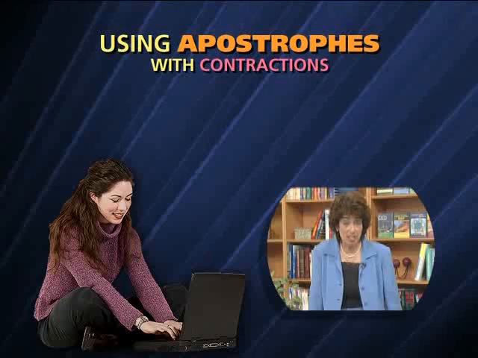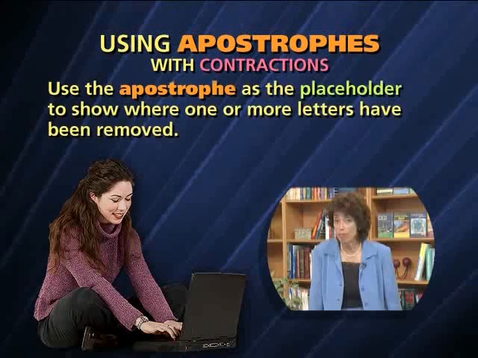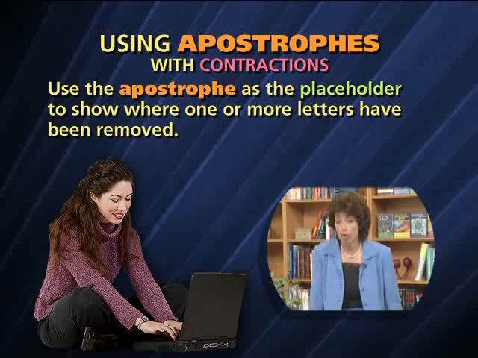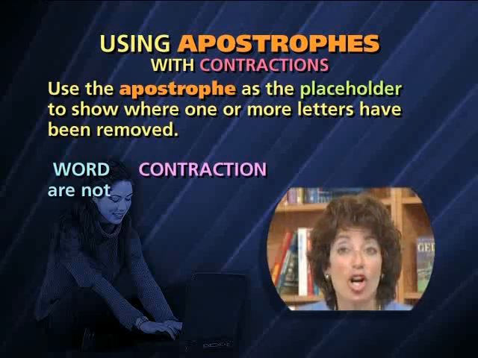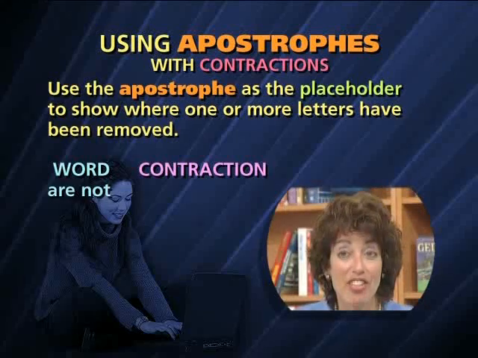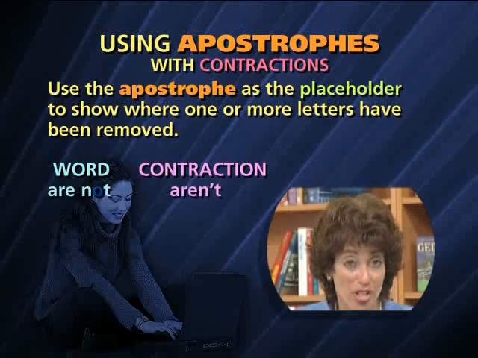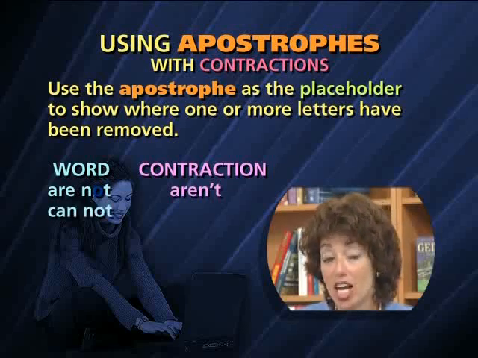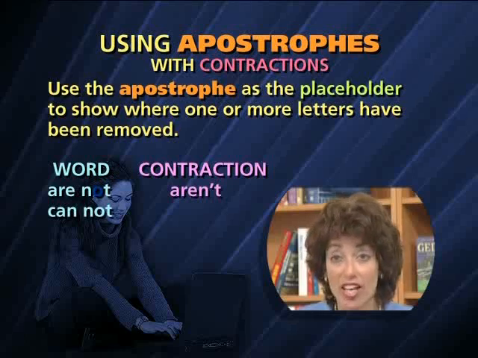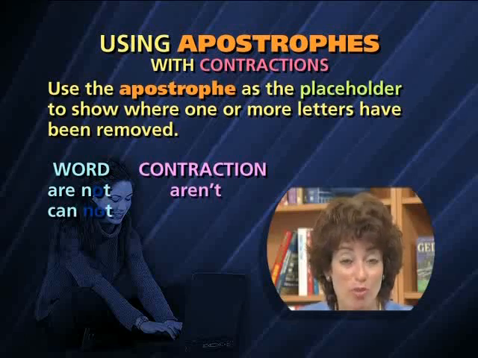If you do decide to use contractions, use the apostrophe as the placeholder to show where one or more letters have been removed. For example, in are not, I take out the O, so I put the apostrophe there: aren't. In cannot, I'm taking out two letters, an N and an O, so it becomes can't.